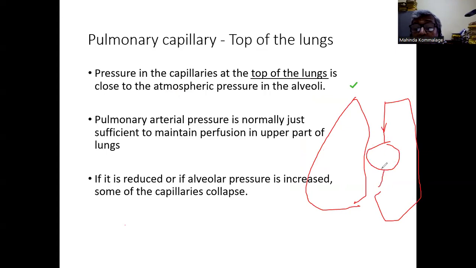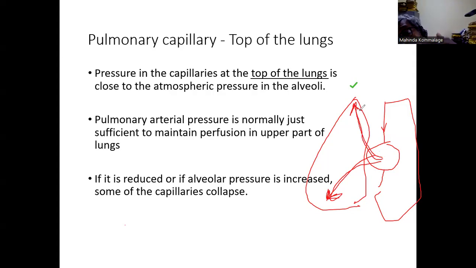So the heart needs to push blood to the upper part of the lungs, which is difficult, and it is easy to put blood to the lower part of the lungs. Because of gravity, it's easy to put blood to the lower part, and it's difficult to push blood to the upper part of the lung.